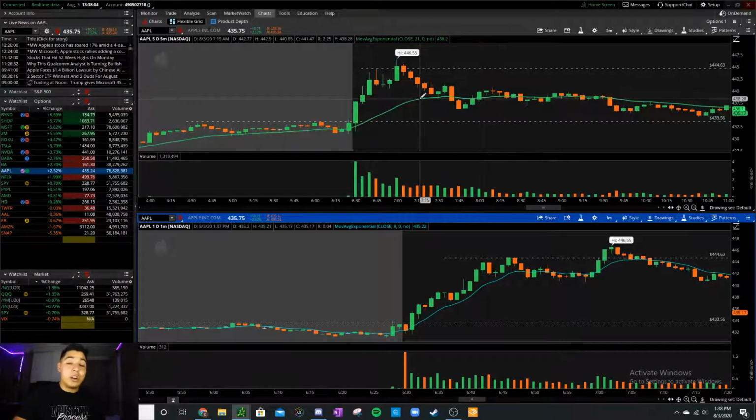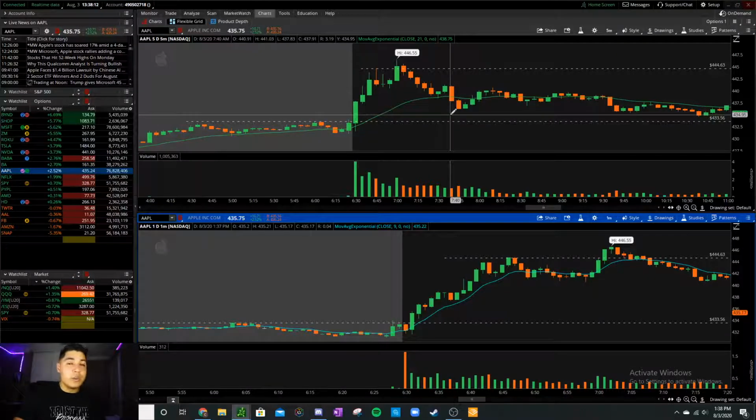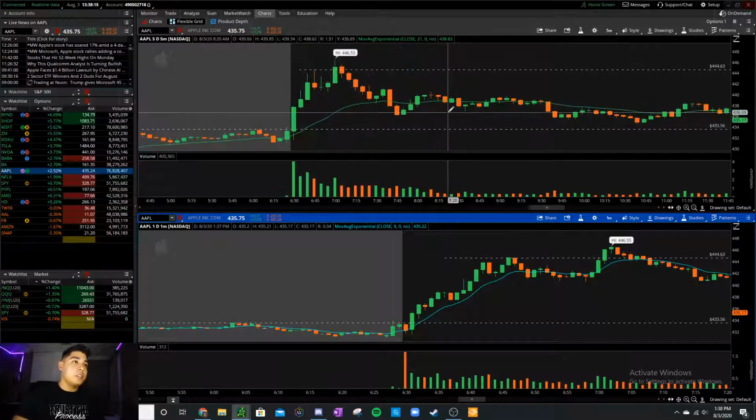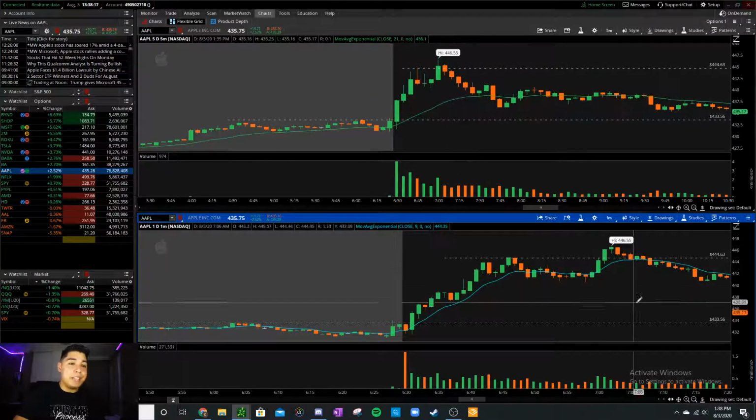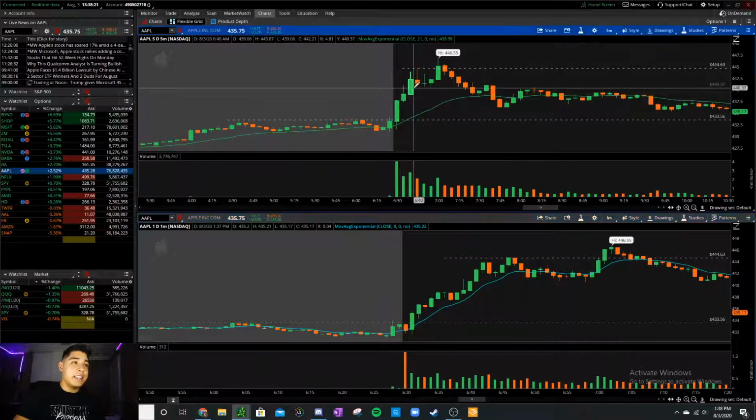On the 5-minute chart, I do the exact same thing depending on how things are looking. But I also like to see if there is any potential resistance or support nearby. So let's just say I'm planning to get in at the break of this last support.